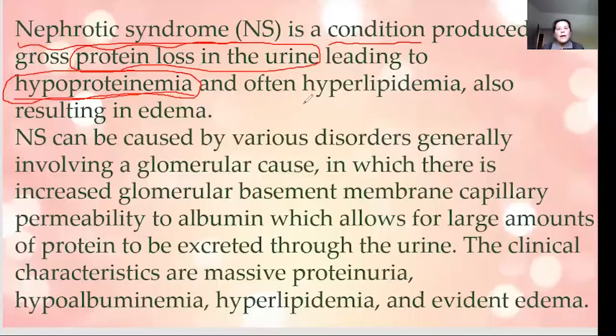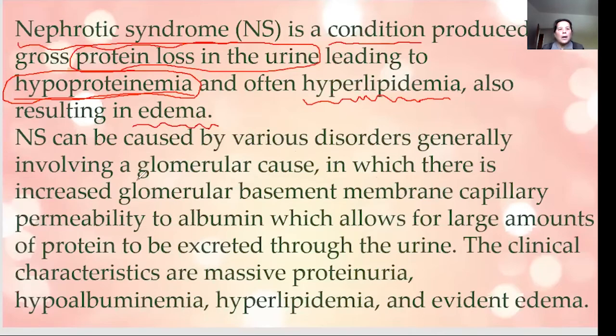And sometimes with hyperlipidemia, the fat level in the blood circulation is increased. So that's the situation, and then it causes the edema. So the main problem here is the edema.